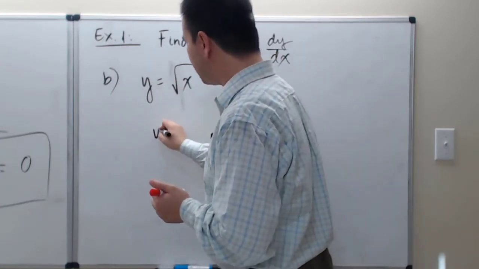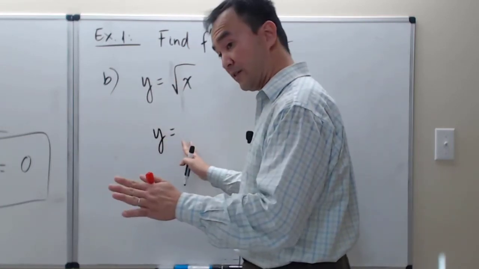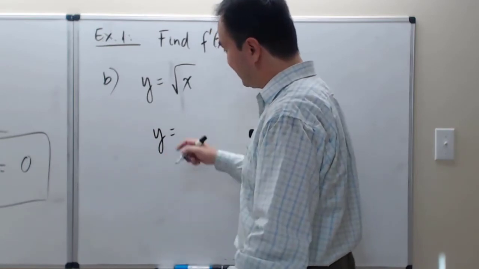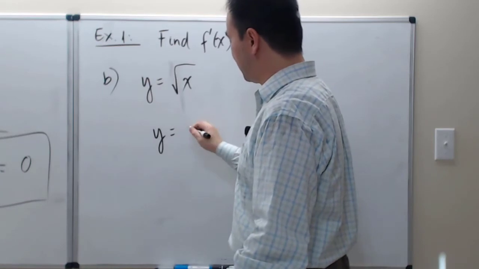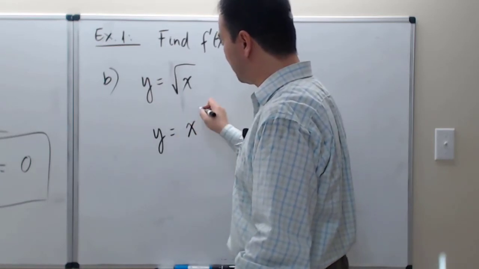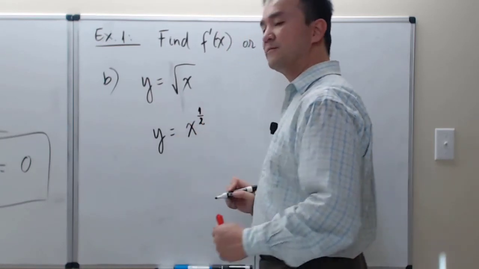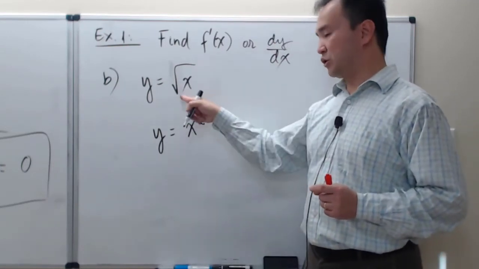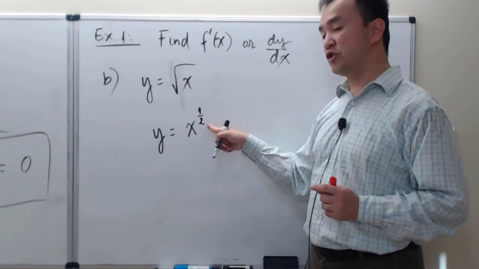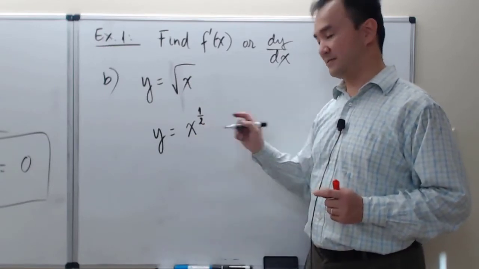Before we take the derivative, I am going to rewrite y equals square root x as y equals x to the power 1/2. That's the nature of being a root. Square root can be understood as power 1/2.